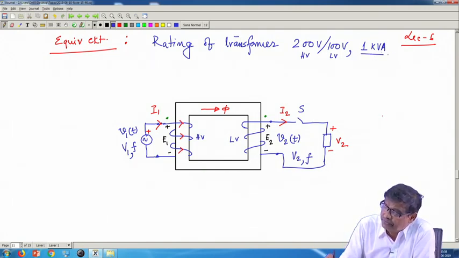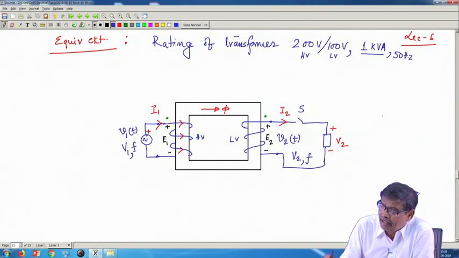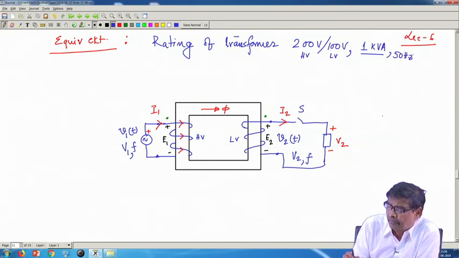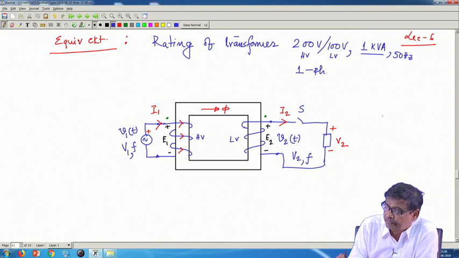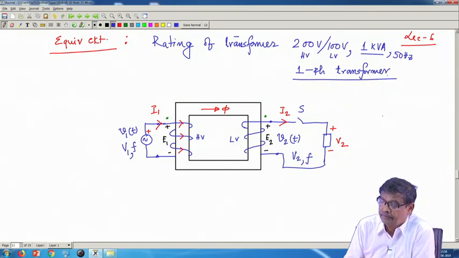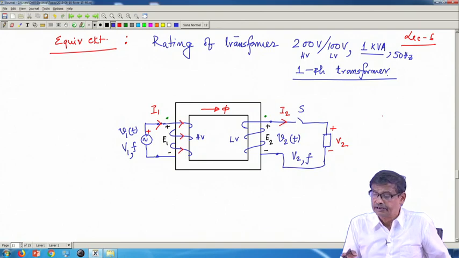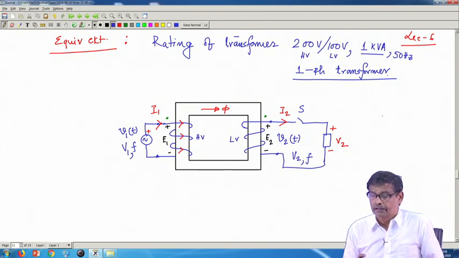Also the frequency is specified, 50 hertz, and it is told what kind of transformer it is, a single phase transformer. Got the point? So, a transformer is specified in this way.